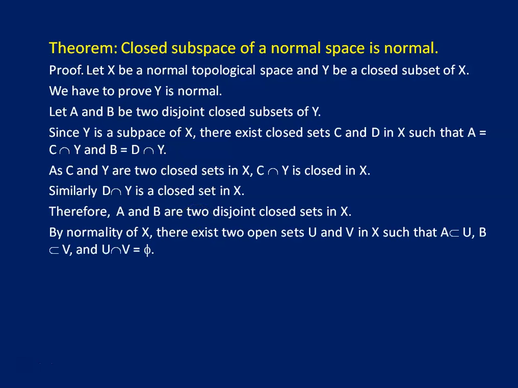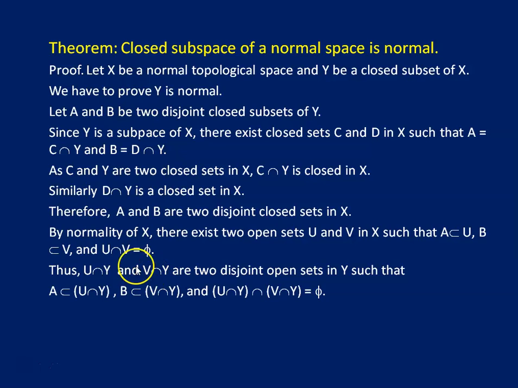We have X as a normal topological space. So by the normality of X, there exist two open sets U and V in X such that U contains A, V contains B, and U, V are disjoint. Since U and V are disjoint open sets in X, U intersection Y and V intersection Y are two disjoint open sets in Y by subspace topology.